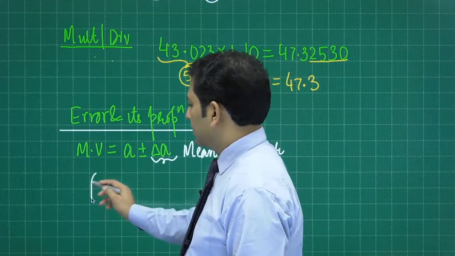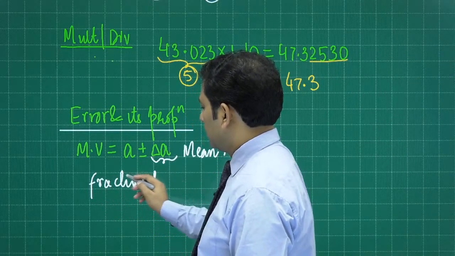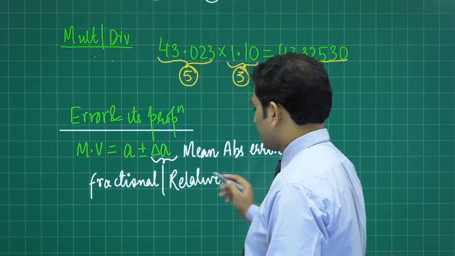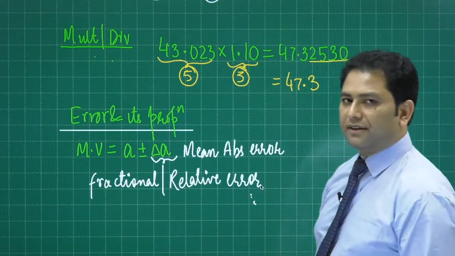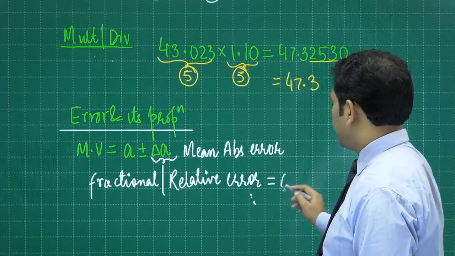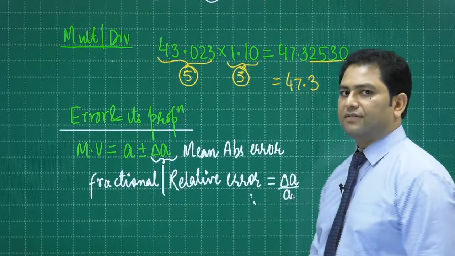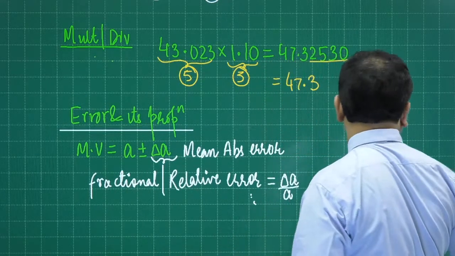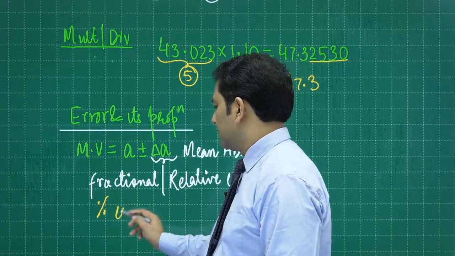There is another thing which is called the fractional or relative error. So let's try to understand the fractional or relative error, and that is denoted by delta A divided by A. That's the fractional or relative error, and eventually the final one comes when you want the percentage error.